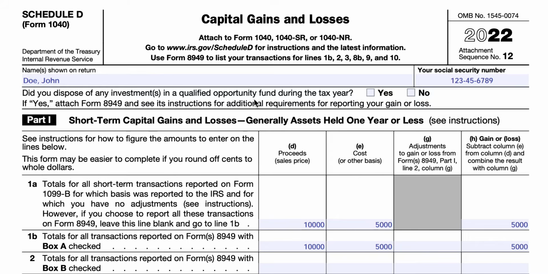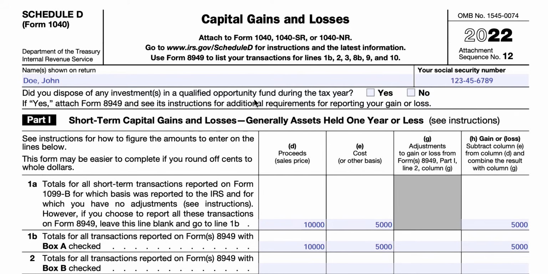A qualified opportunity fund basically warrants special tax consideration. If you had an eligible gain, you can make an election to reinvest that money into a qualified opportunity fund, which is usually organized as a corporation or a partnership that invests in certain property located in a qualified opportunity zone. So, urban development, that kind of thing.